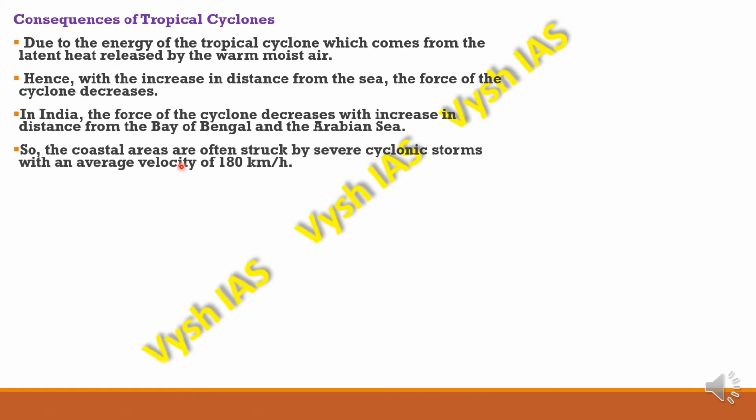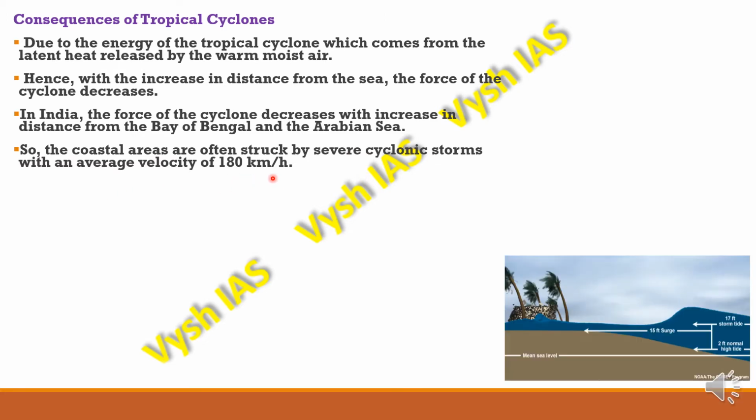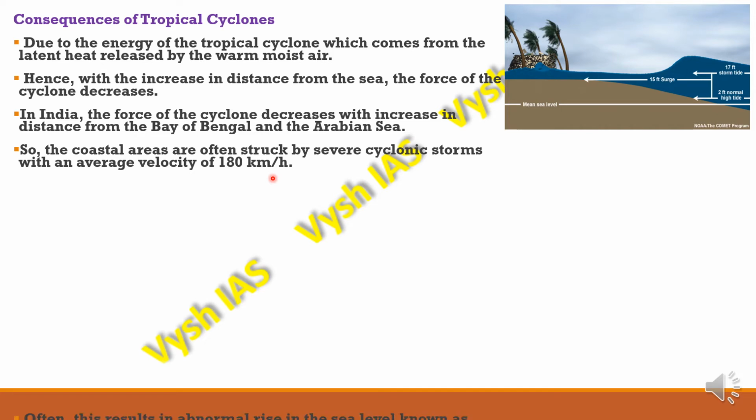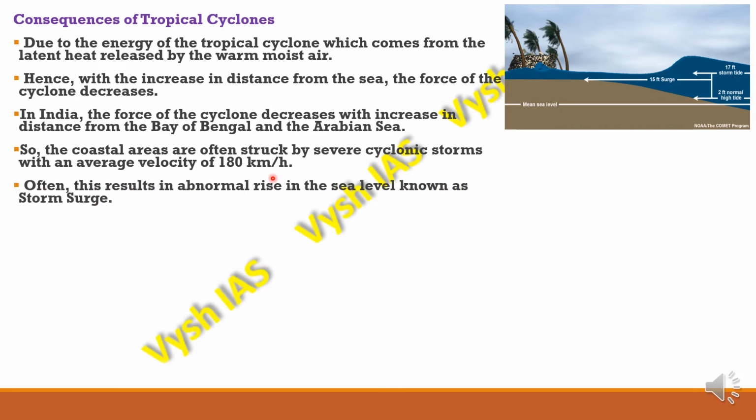So the coastal areas are often struck by severe cyclonic storms with an average velocity of 180 kilometers per hour. This forms a storm surge, which is an abnormal rise in the sea level. As you can see over here, how the water is rising.